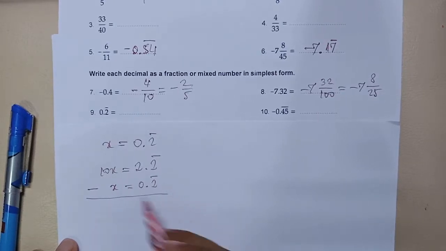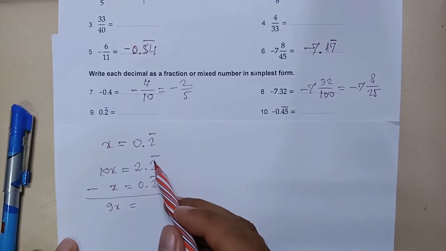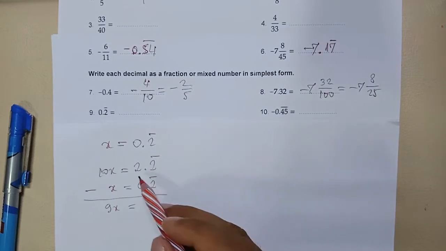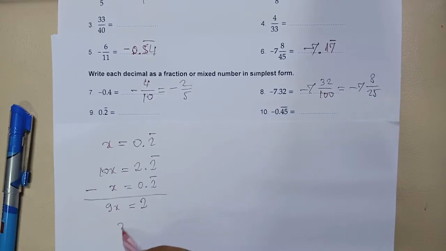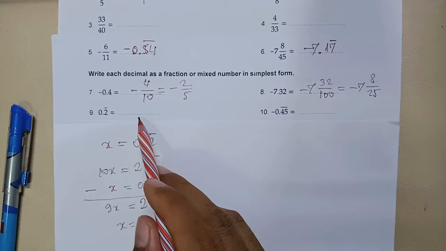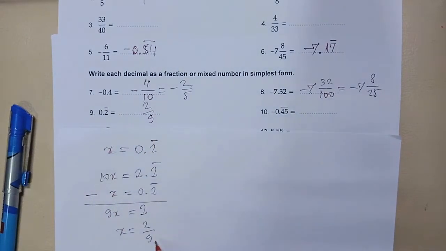Now as you can see, 10x minus x, you have 9x equal to, since this is the repeated decimal, they all cancel together, 2 minus 0, you have 2. So the x value is equal to 2 over 9. So the answer will be 2 over 9, as shown here.